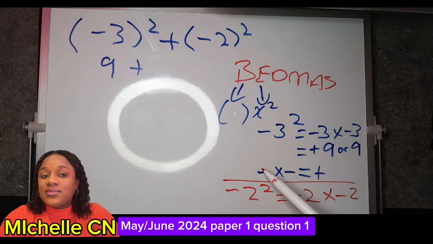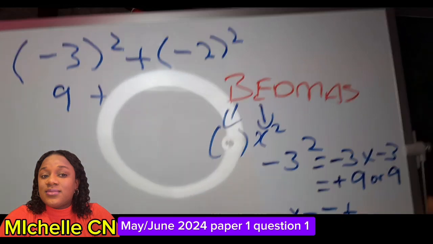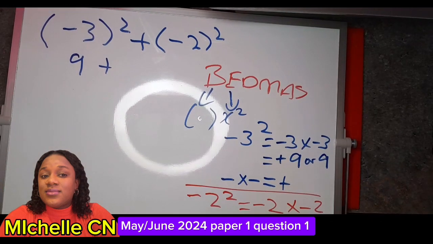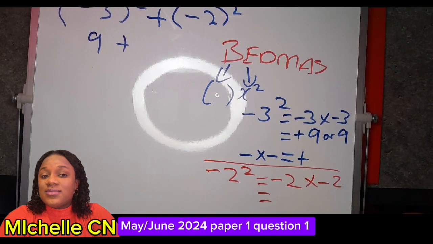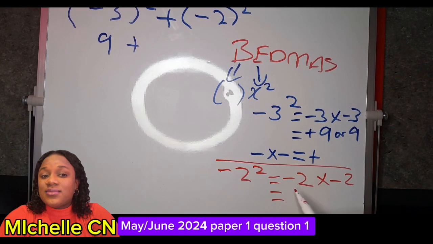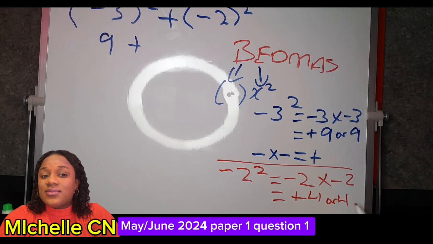So again, a minus by minus is a plus. Sorry about that. So minus by minus is a plus, and 2 by 2 is 4. And positive 4 could also be written as just 4.